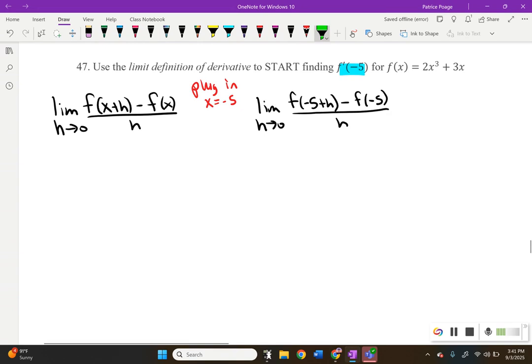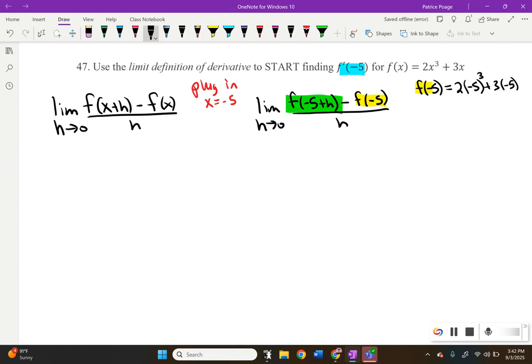So I'm going to need to find this green part here minus this yellow part. The yellow part I'll go ahead and find. So the yellow part, I'm just looking for f of negative 5. So everywhere there's an x, I'm going to replace it with negative 5 to the third plus 3 times negative 5.